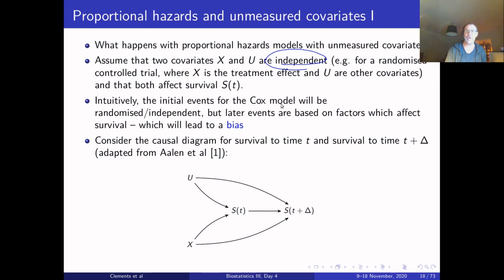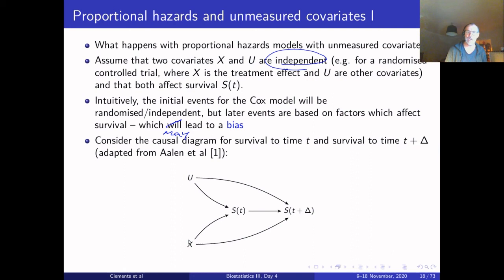Intuitively, the initial events for the Cox model will be randomized or independent, which will have a nice causal interpretation, but later events are based on factors that may affect survival, which could lead to a bias. And what we do is we initially consider a causal diagram for survival to time t, and then survival to time t plus delta.